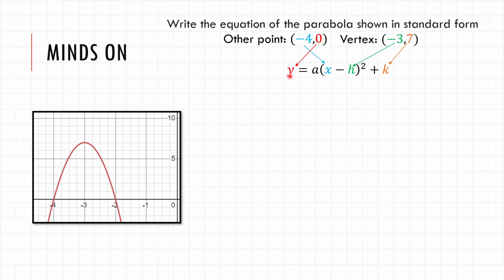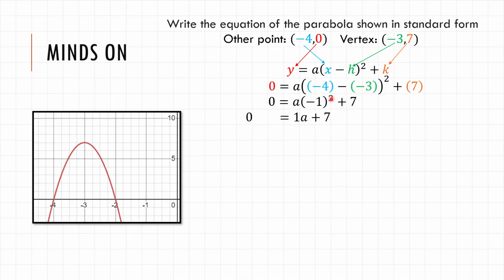So here, to do that, I just need to find out what is the value of a. So I can replace x with -4, replace y with 0, replace h with -3, and k with 7. And now that I have all of my variables in here, I just have to solve for a. So -4 minus -3 is -1. -1 squared is 1.